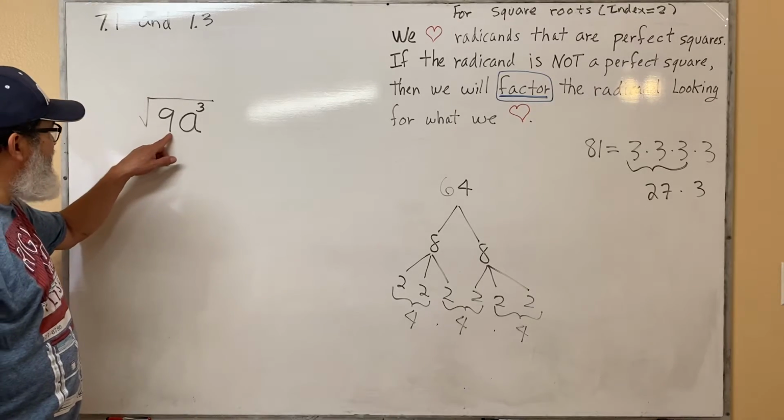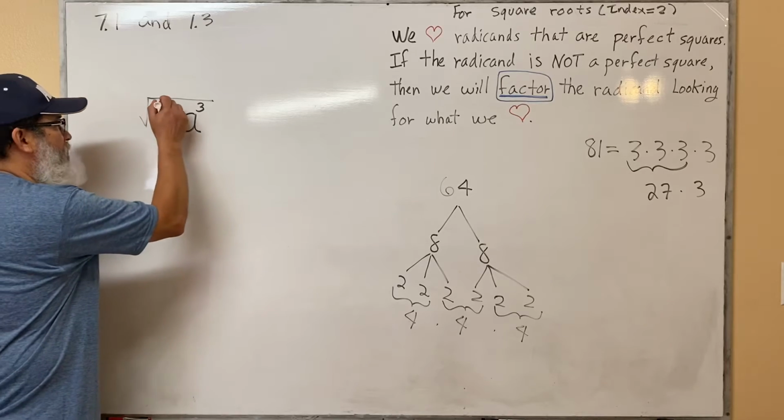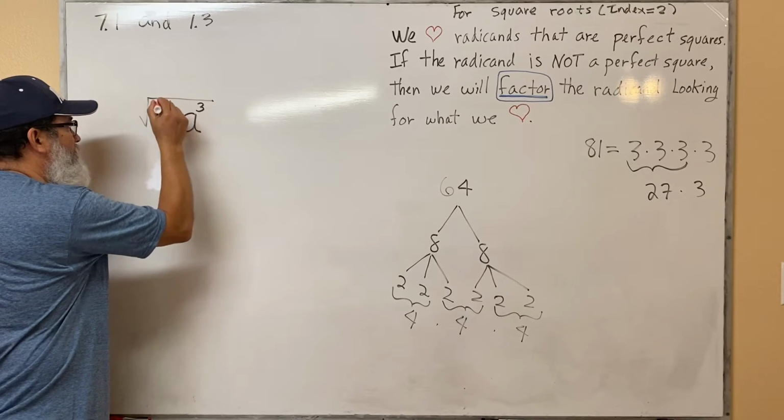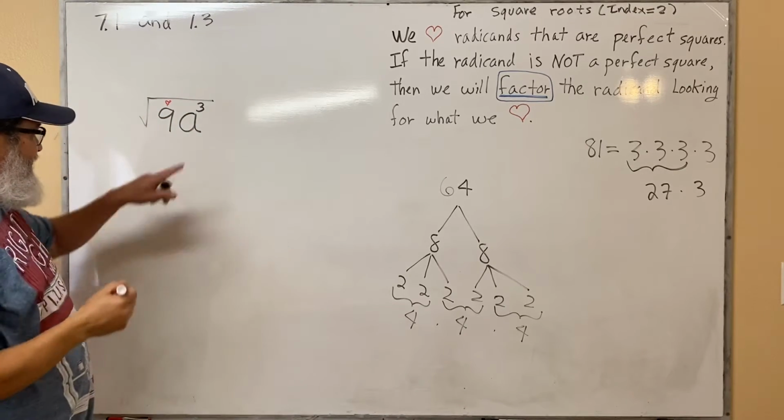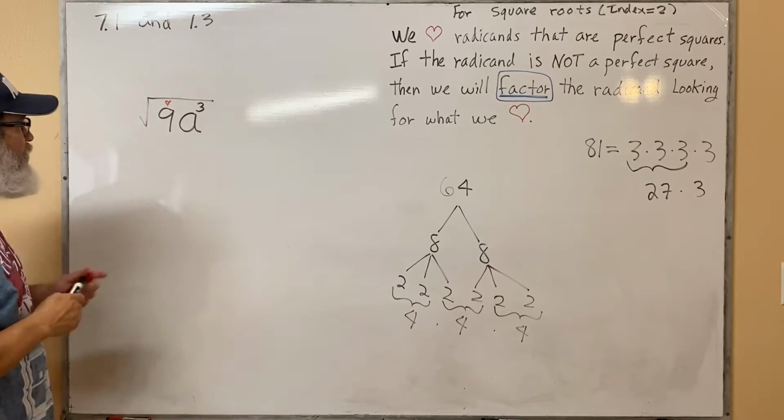This is a factor of 9. That's a perfect square. So you can put a heart on top of this one. Is that a perfect square? No. Look at the power of 3. Okay, no problem.